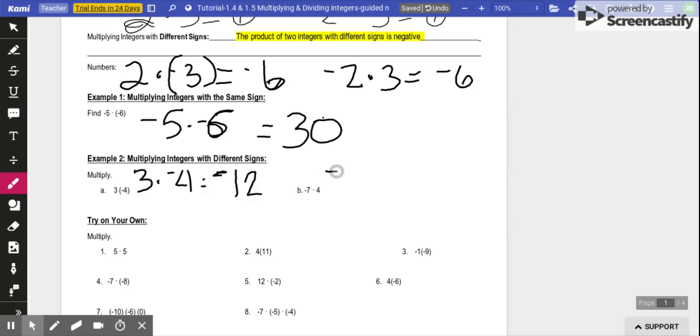Here I have negative 7 times positive 4, and that is again going to leave me with a negative answer because I have one negative in my problem. So 7 times 4 would give me 28, so negative 7 times positive 4 would give me negative 28. Go ahead and pause the video so you can try the next 8 on your own.